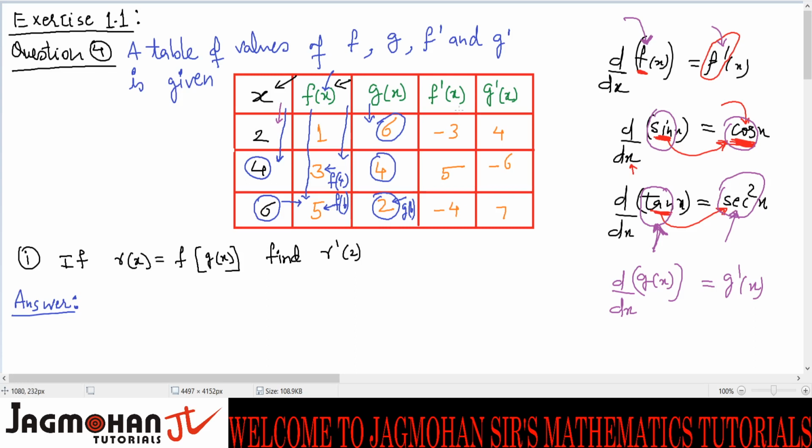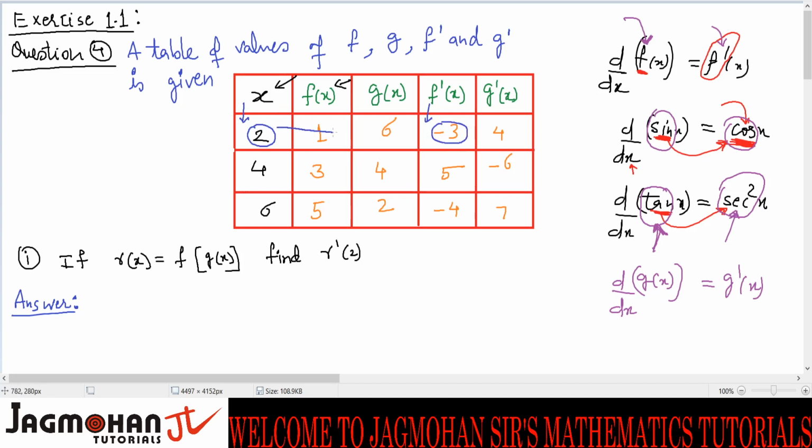Now look at this, f dash. What is f dash? f dash is the derivative of f of x. So when x value is 2, you have f dash x as minus 3.